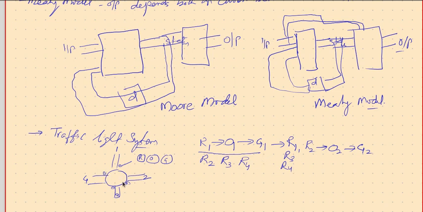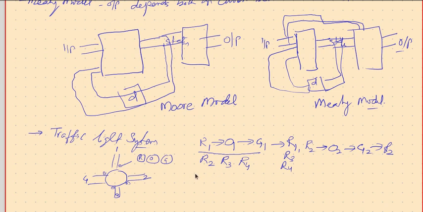So 1, 3, 4 are in red. So no traffic from lane 1, lane 3, lane 4 are allowed. So lane 2 you start. So it gets into O2, then G2.